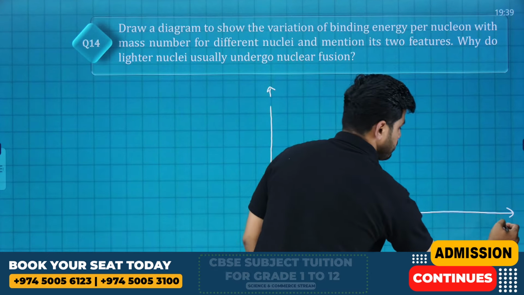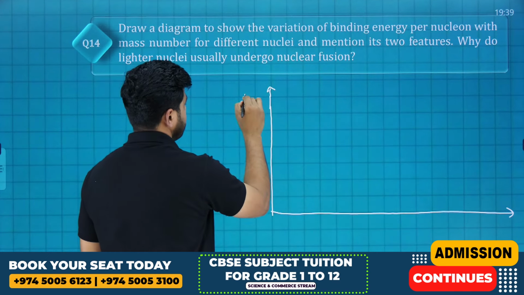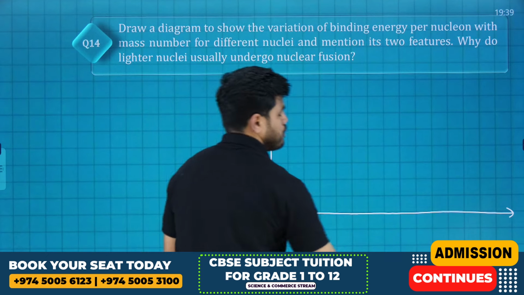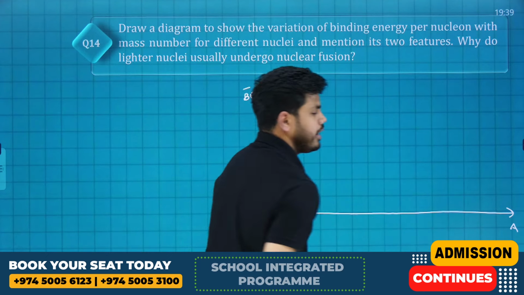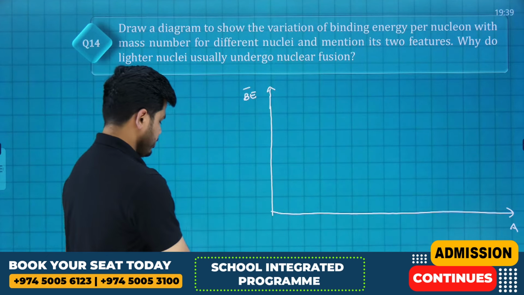Binding energy per nucleon is taken along the y-axis and mass number is taken along the x-axis. That is how we draw the graph.